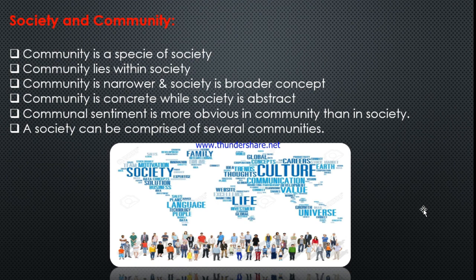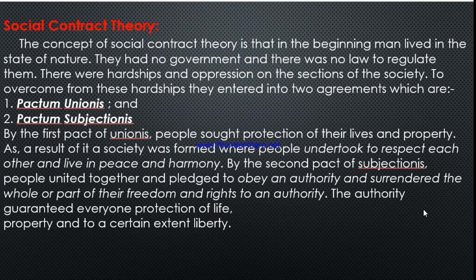For example, in Karachi we have the Muhajir community, the Pathan community, and the Sindhi community. There could be a Baloch community, but society as a whole is an abstract term. In community we have that communal sentiment, which is more than we have in society, and society can be comprised of several communities. These are differences between community and society.